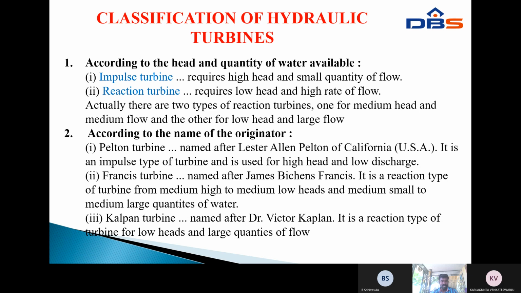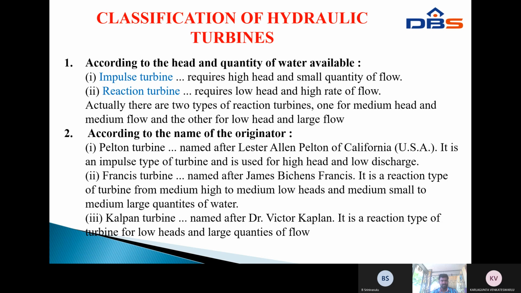Next, according to the direction of flow. First one, the tangential flow turbine; then the radial flow turbine, the axial flow turbine, and the mixed flow turbine. Tangential means the water is flowing in the tangential direction.